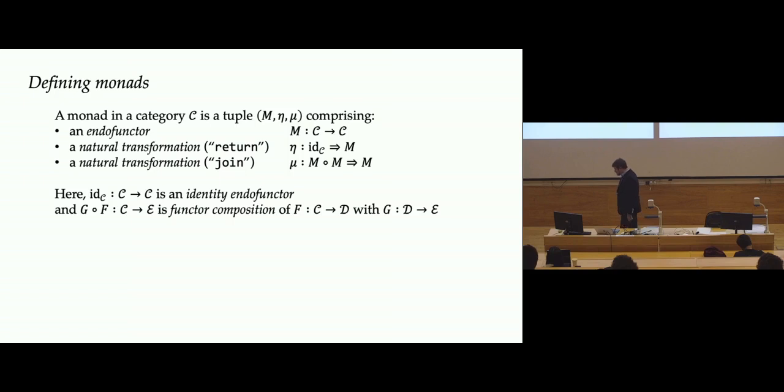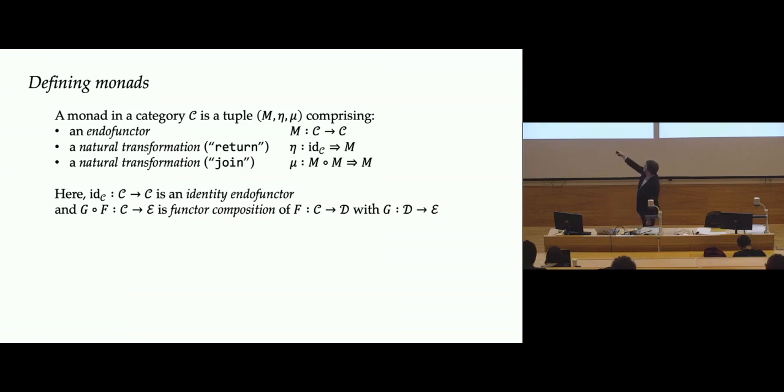Okay, so what is a monad categorically? First of all, we define a monad inside a category C as a tuple of three things: M, eta, and mu. The M is just some endofunctor, a functor mapping the objects and morphisms of C to itself. And we have two special natural transformations, which in functional programming are sometimes known as return and join.